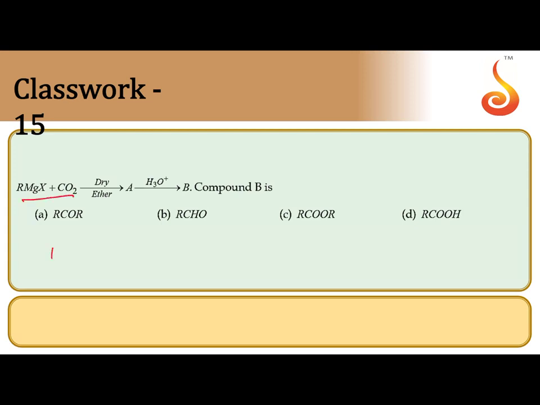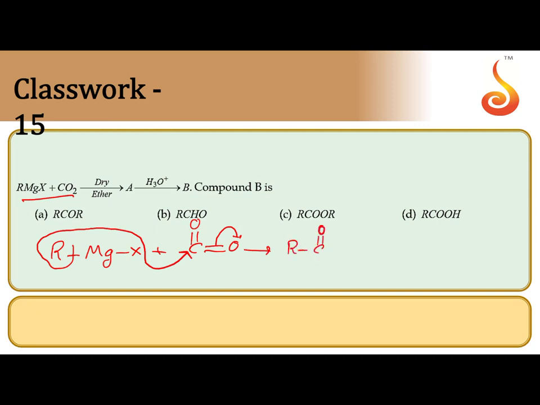Alkyl magnesium halide, RMgX, on reaction with carbon dioxide. For convenience, we can write like this. R comes out in the form of R minus, a nucleophile, which attacks the electrophilic carbon. Carbon is positively charged. So nucleophilic attack gives RCOO minus.